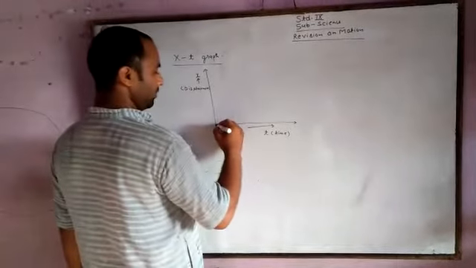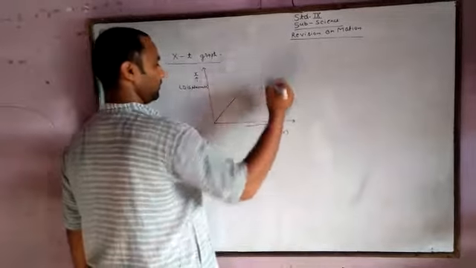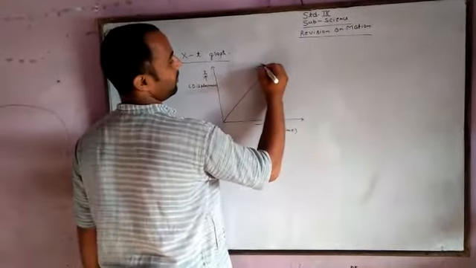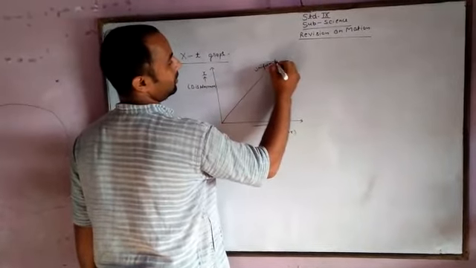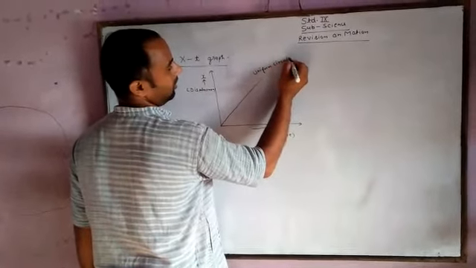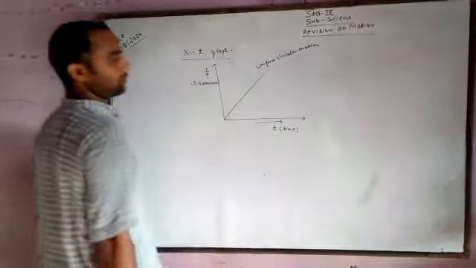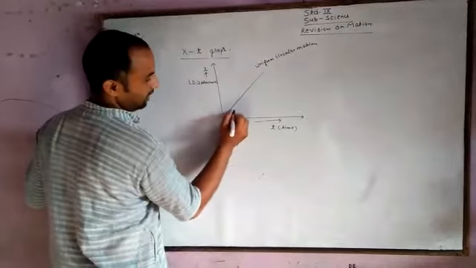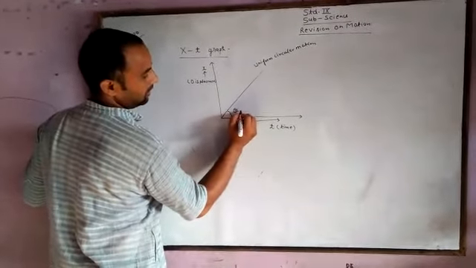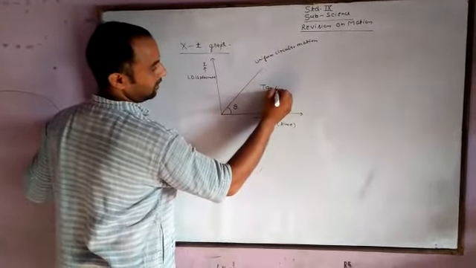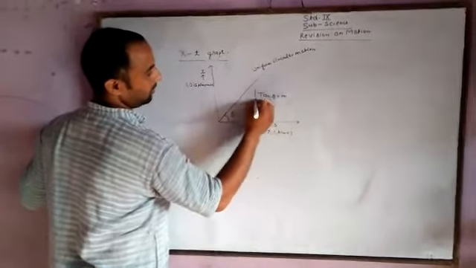When a particle is moving like that, this is a uniform motion. Uniform motion, and this angle is equal to this angle, tan theta is equal to m.